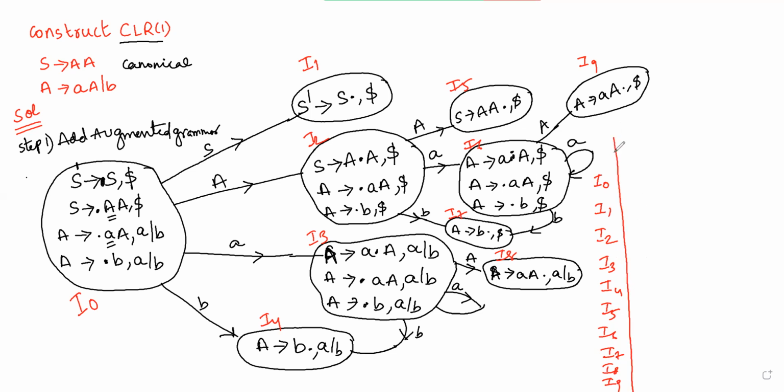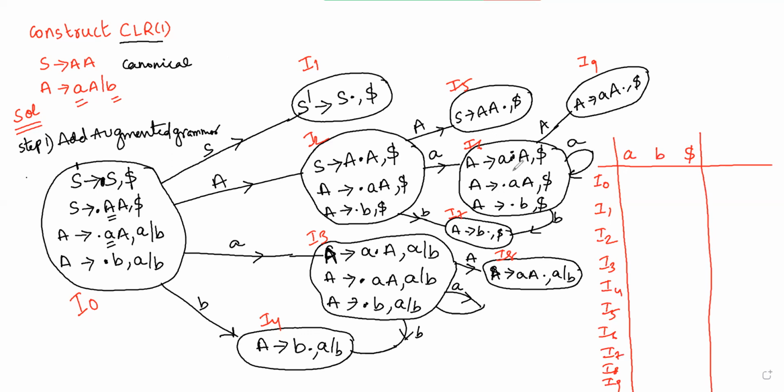Now what you have to do is take the values of this one as left hand side and right hand side. In the given production, the small values are given. What are the small values you have? A and B. Just take A and B here, and you need to add one more thing called the augmented grammar as a dollar. So this is called a table.